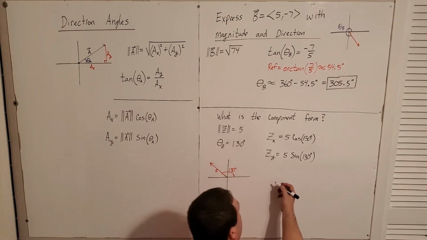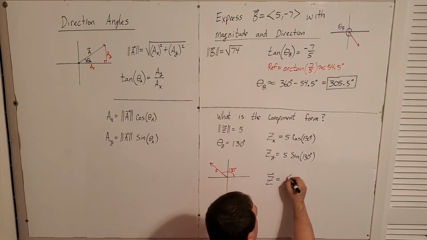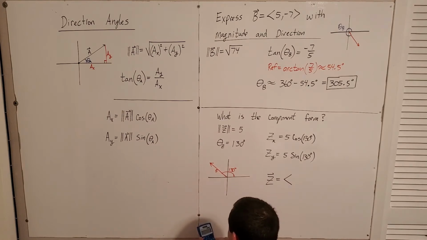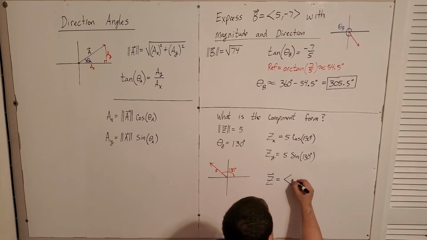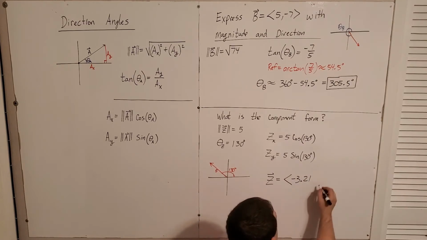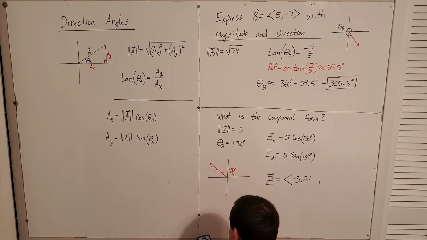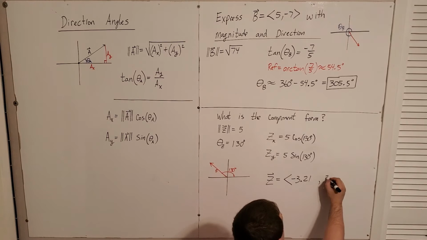And I can say that my z vector is equal to negative 3.21 comma 3.83.